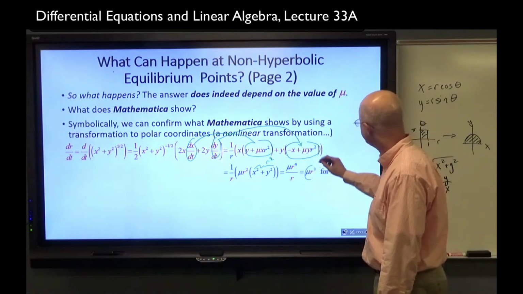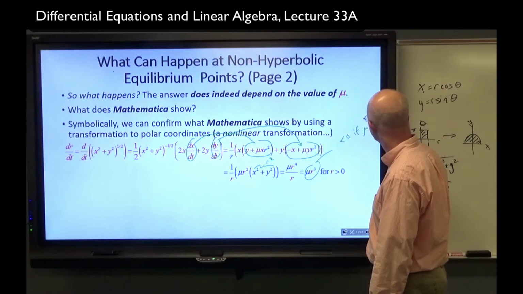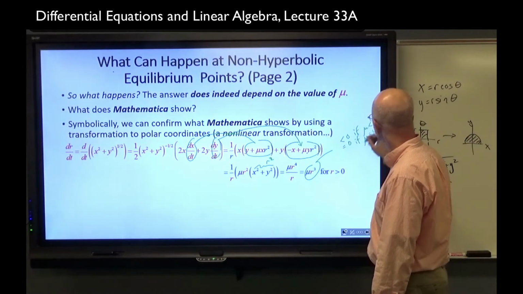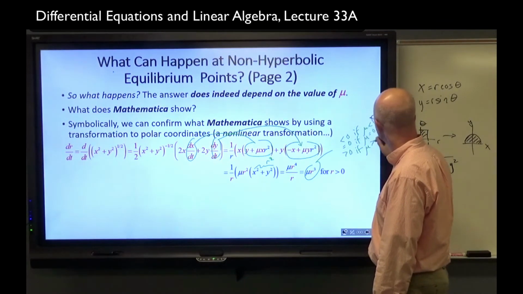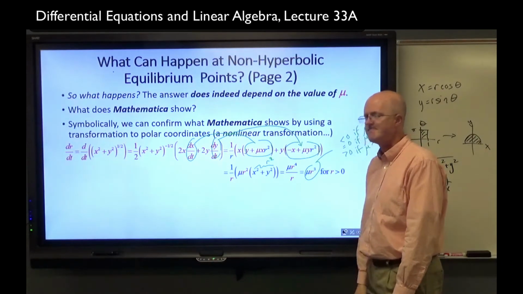This is negative if mu is negative, 0 if mu is 0, and positive if mu is positive, because r cubed is positive when r is positive. What's that telling us?